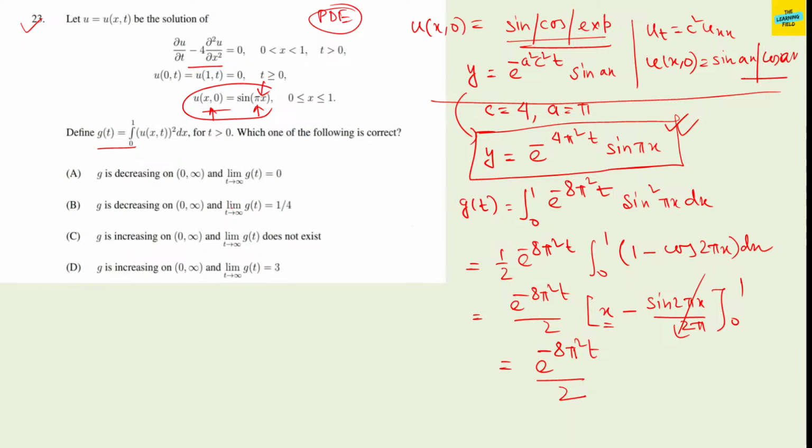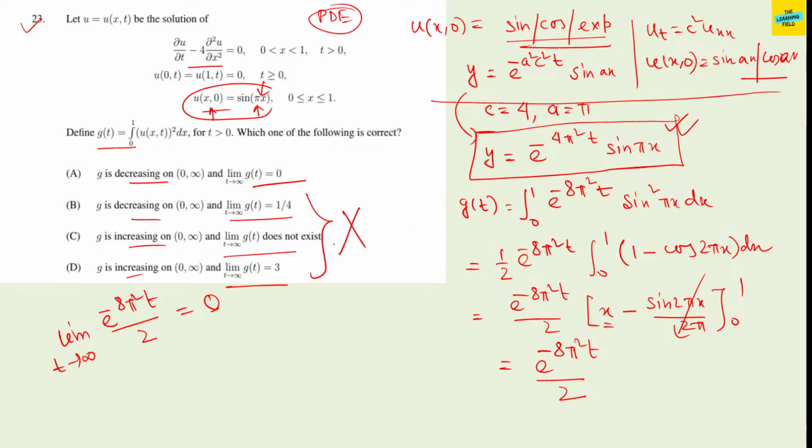And see, it is very easy to check the limit first. As t tends to infinity, e to the power minus 32π² t by 2 is obviously 0, because the exponent is negative. Therefore you don't need to check increasing or decreasing. These three are discarded.